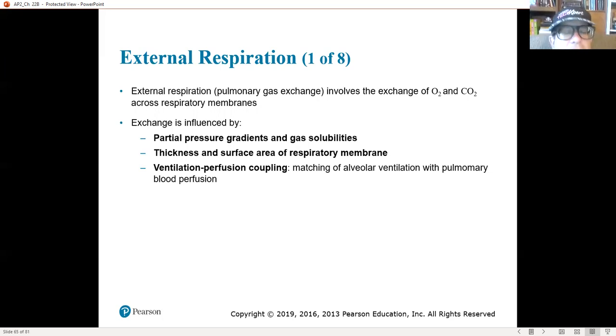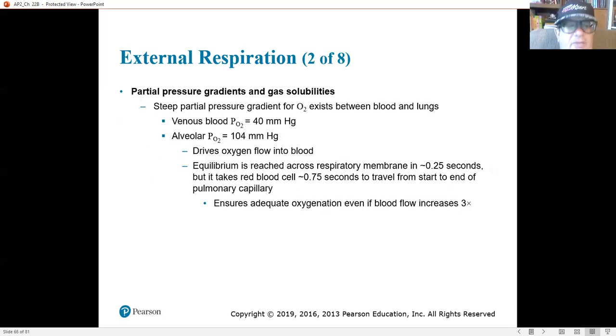You remember, we're using squamous, squashed thin cells to make up the alveolar wall, because the thinner it is, the better it is for gas exchange. And ventilation perfusion coupling, how well we match where the air goes to where the blood goes.